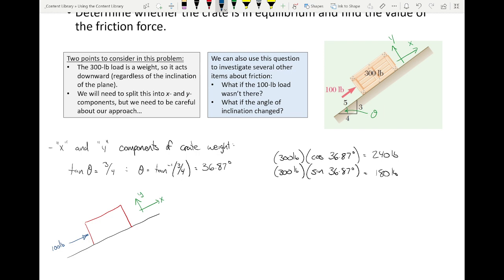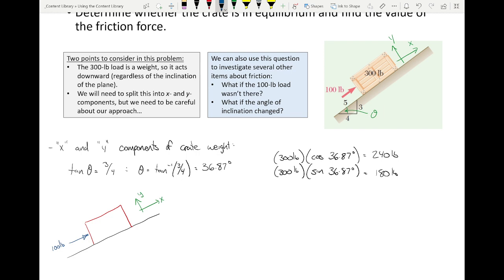Let's just use a little bit of common sense, okay? Here's the crate. If I take this along an incline, which way is the x component going to act? Is it going to act down or up? Down, right? Because it wants to slide down, right?